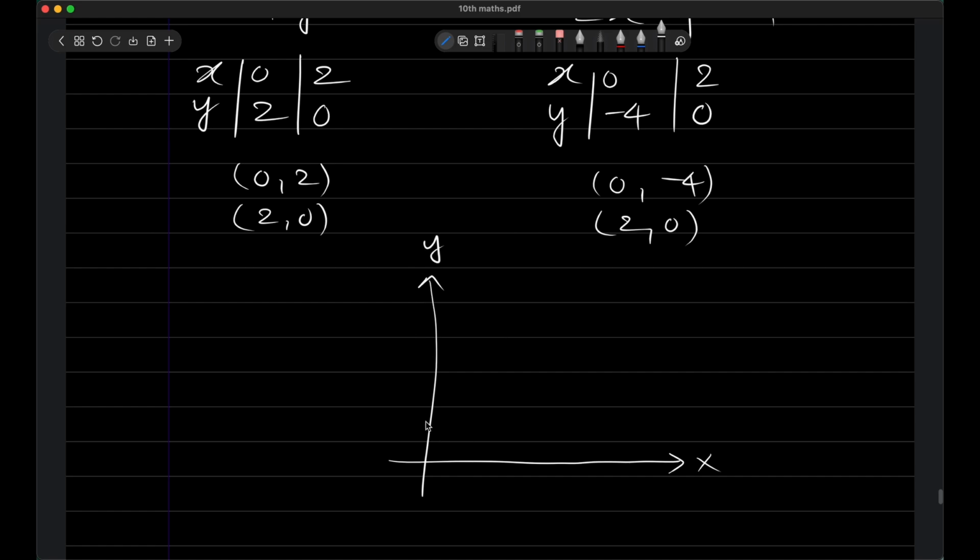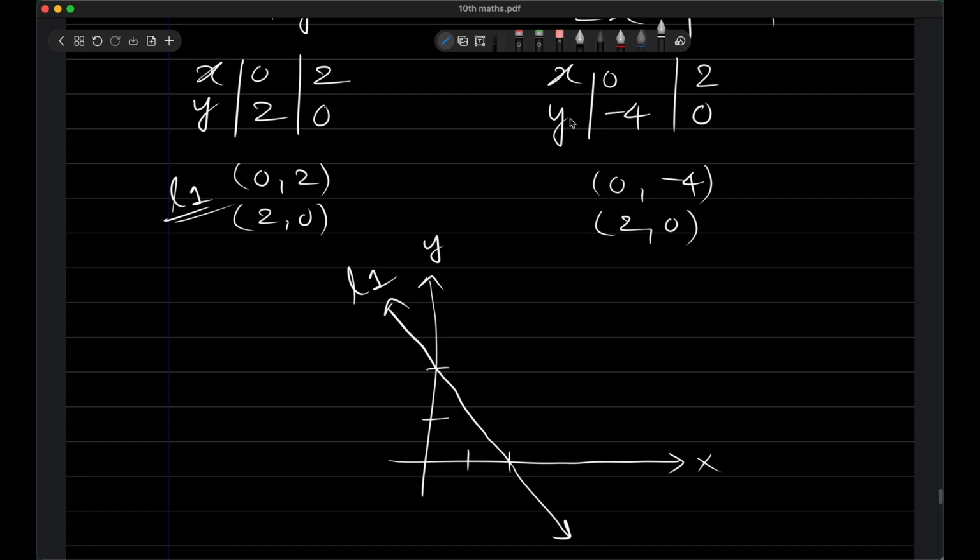When x equals 0, y equals 2, and when y equals 0, x equals 2. The first line is passing through (0, 2) and (2, 0). This is the line L1.